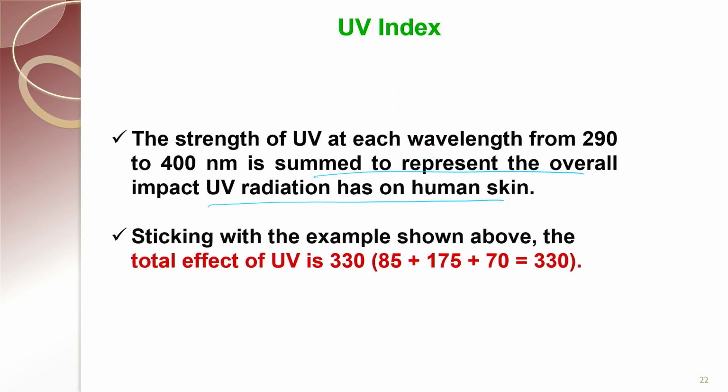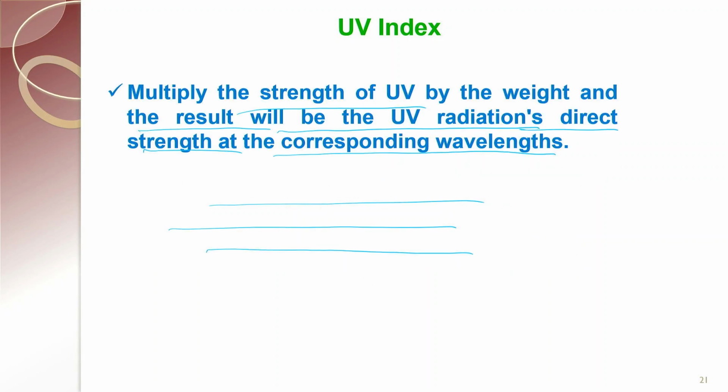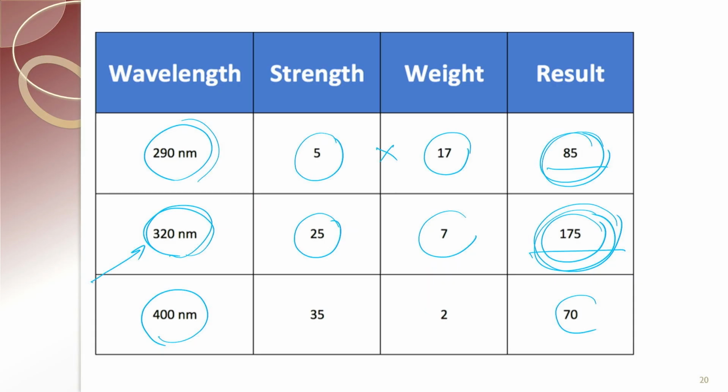So, 85 was there for 290 nanometer, 175 was for 320 nanometer, and sorry, this 70 was there for 400 nanometer.